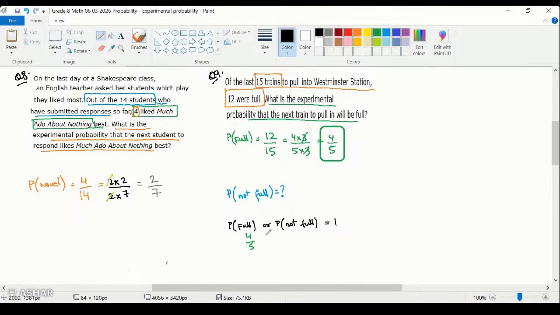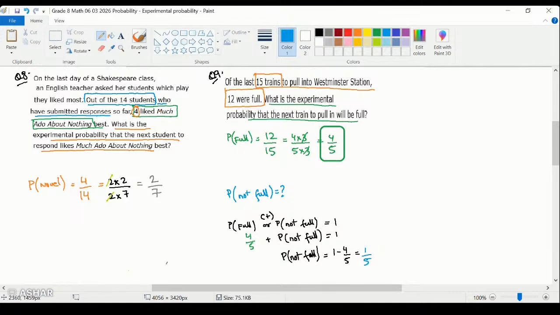Or means addition. This or this. Probability of not full was 1. So we can say the probability of the train being not full is 1 minus 4 upon 5. That comes out to be 1 upon 5. Agreed?